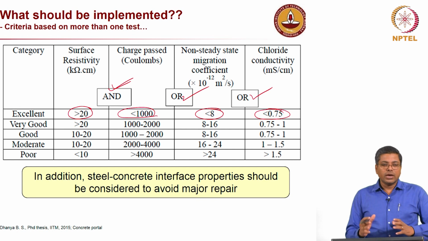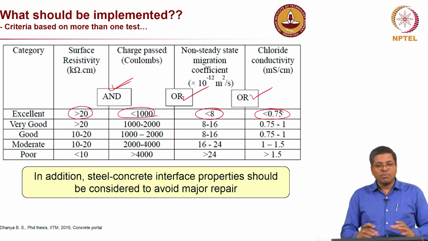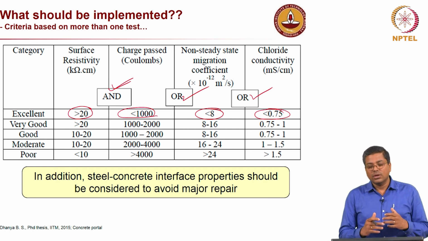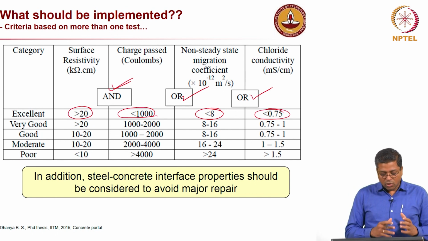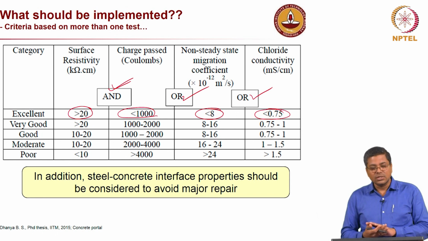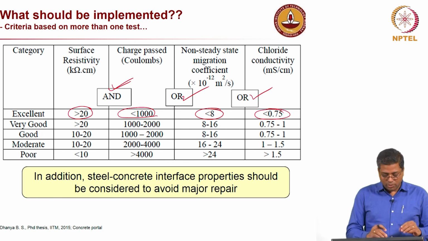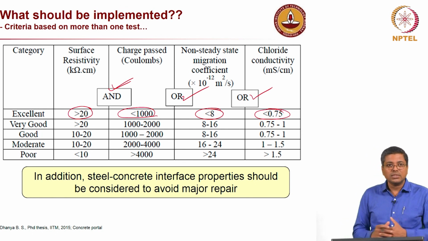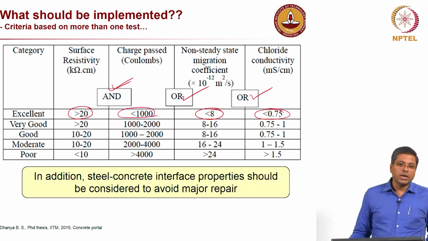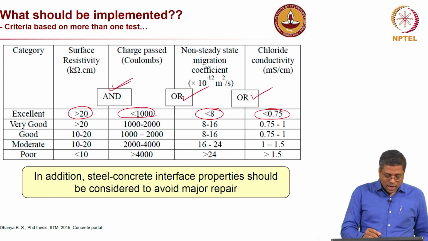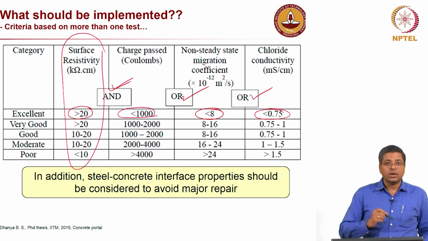So, what we can do is come up with combined conditions, a combination of different test results, and see which combination is met, then classify the concrete accordingly, rather than just looking at one particular test method.